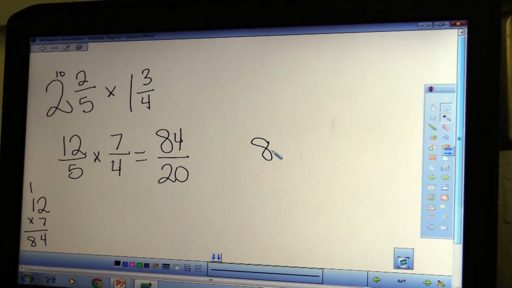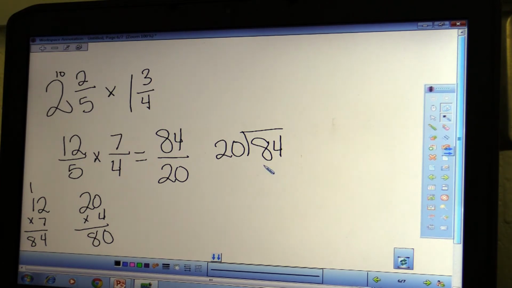So I'll divide 84 divided by 20. So let's think, how can we get close to 84? I'm going to go ahead and guess that we should do 20 times 4, but let's double check that. So 4 times 0 is 0, and 4 times 2 is 8. All right, so 20 times 4 is 80, and that's close to 84.